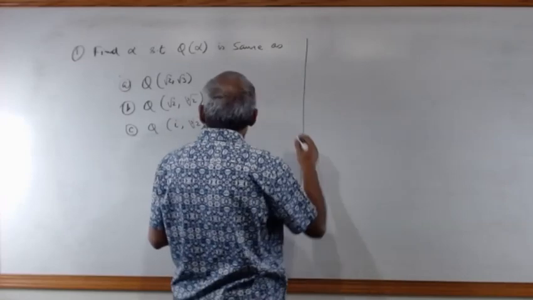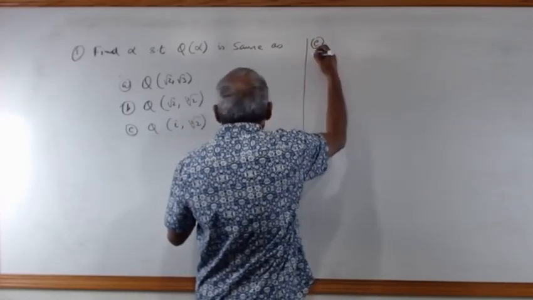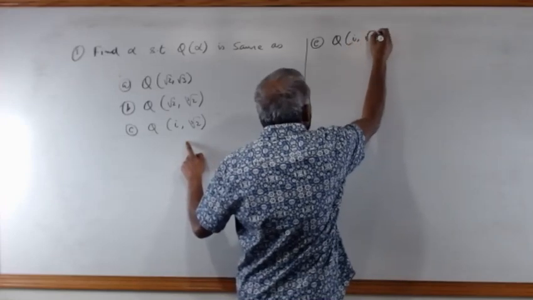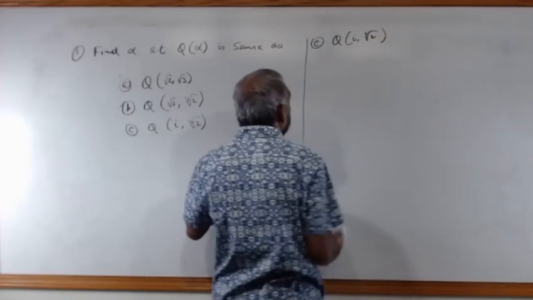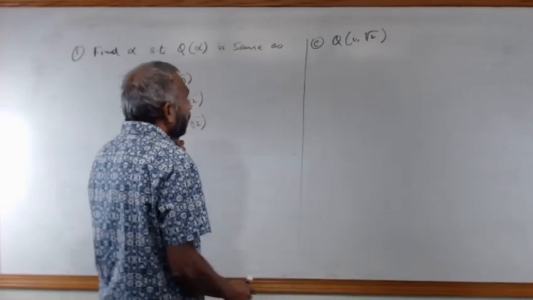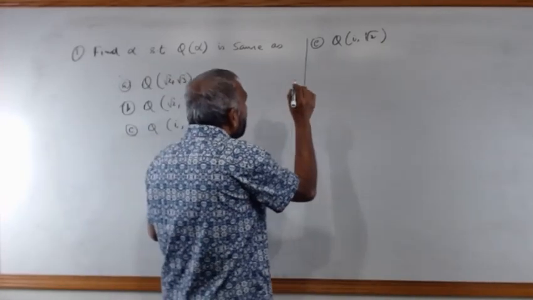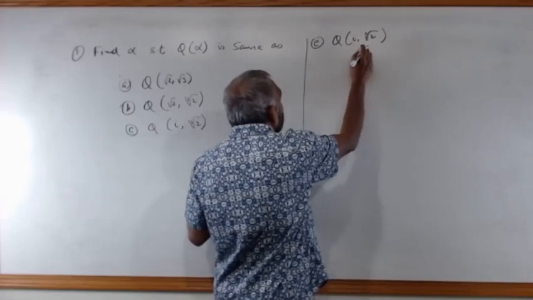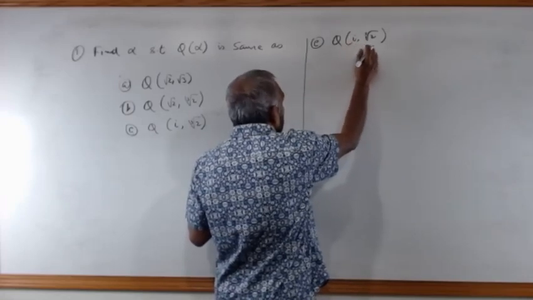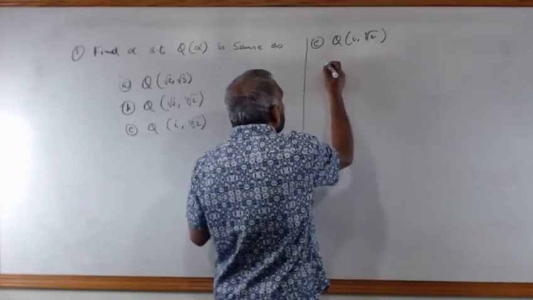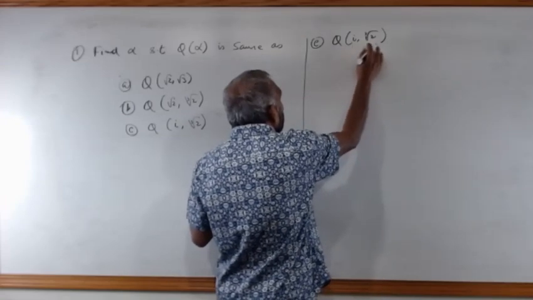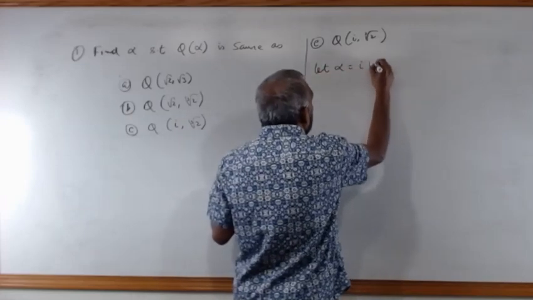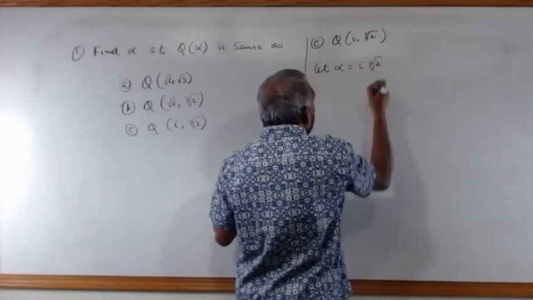The last problem in here is Q of I comma cube root of 2. Here what we are going to consider is, see, there is no common factor here. So what we are going to do is, let's take the product of this. So let alpha be equal to I cube root of 2.